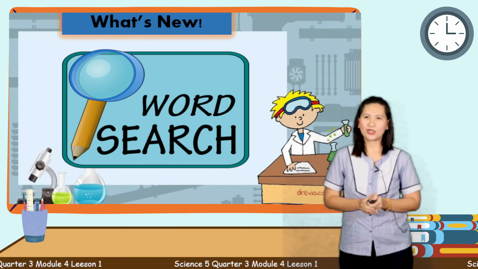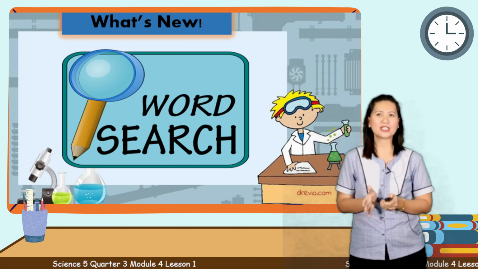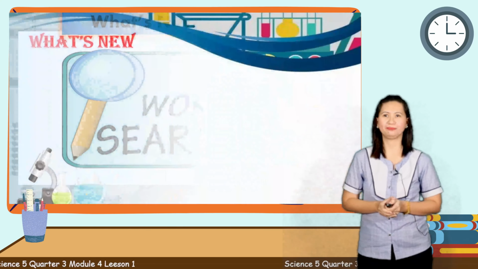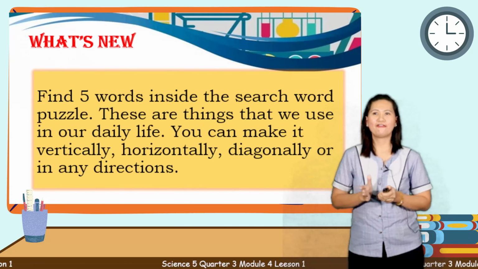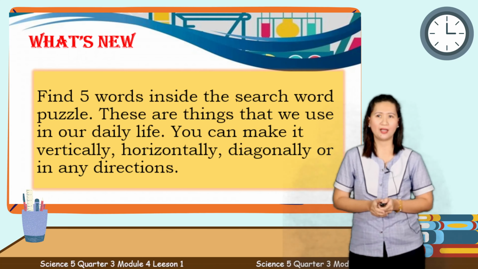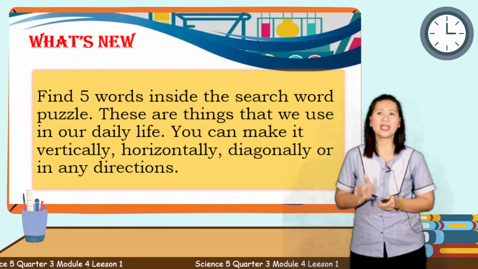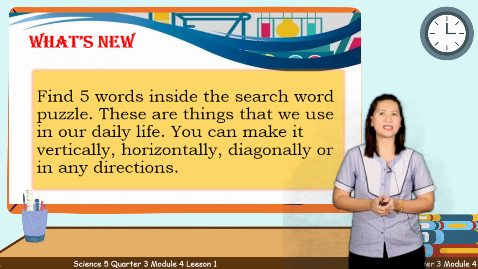This time, we're going to look for words, or we have this word search. Find 5 words inside the search word puzzle. So the clue is, these are the things or gadgets that we use in our daily life.